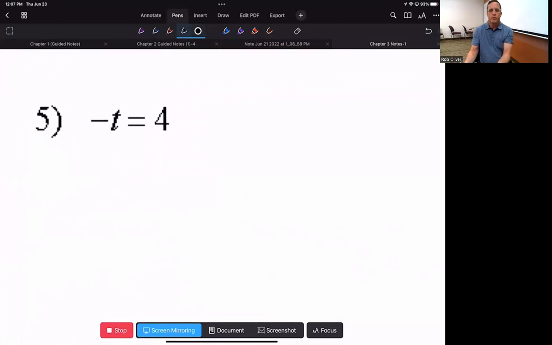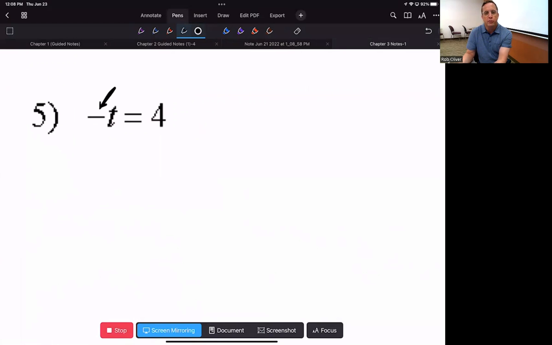Number 5, you have -t equals 4, and this one may appear to be already solved, with one exception. We have the negative outside the variable. Another way to think of that would be as if there's a -1 there.